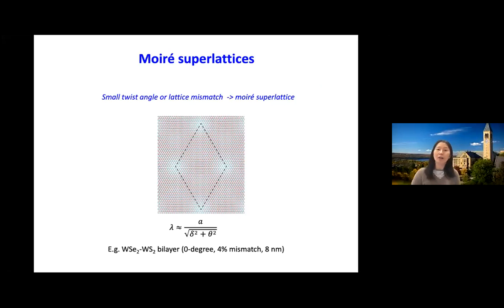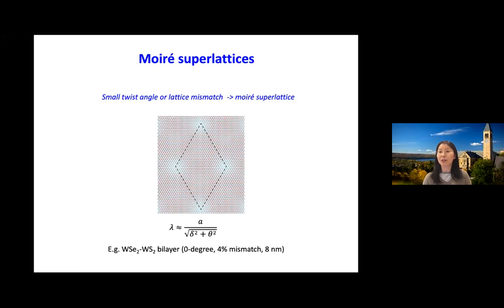So, consider a 2D Moire system, like what I'm showing here. When you overlay two monolayers of van der Waals material with a small twist angle or a lattice mismatch, a Moire pattern emerges, and they form a periodic potential.